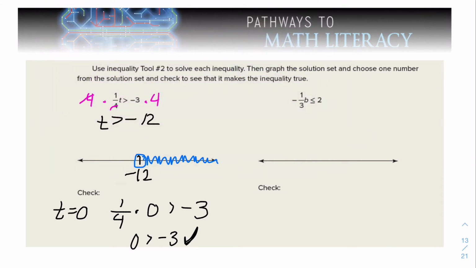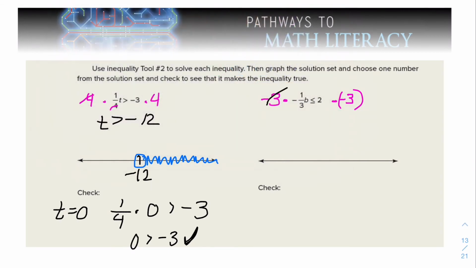Now, over here, we've got -1/3 b. We want to multiply this by -3 to be able to not only cancel the minus sign, but to just be left with b, which means we're going to do the same thing over here.